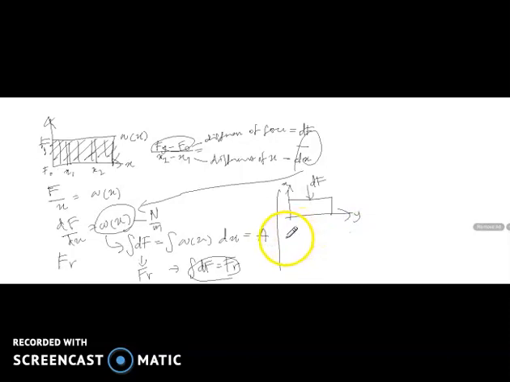If let's say we want to find the moment resultant, how are we going to do it? Let's say we have a resultant force here, Fr. We need to find x bar, where M resultant is equal to x bar multiplied with F resultant.